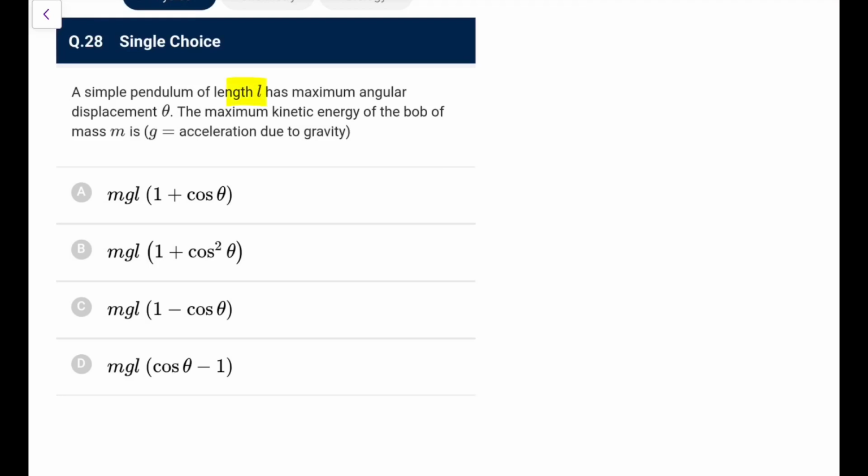A simple pendulum of length L has a maximum angular displacement theta. The maximum kinetic energy of the bob of mass m is? So what we can say from energy conservation, it will go like this. The maximum height it will descend is, if this length is L, L minus L cos theta. So 2gh, that is 2gL(1 minus cos theta), would be equal to v max square, just energy conservation.